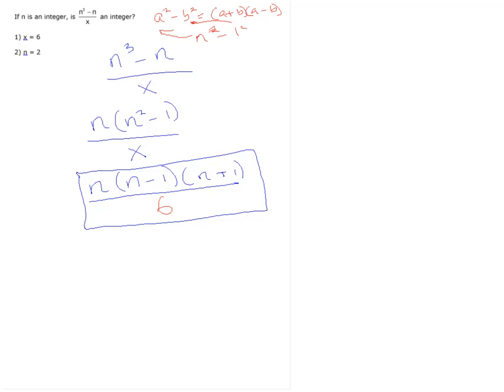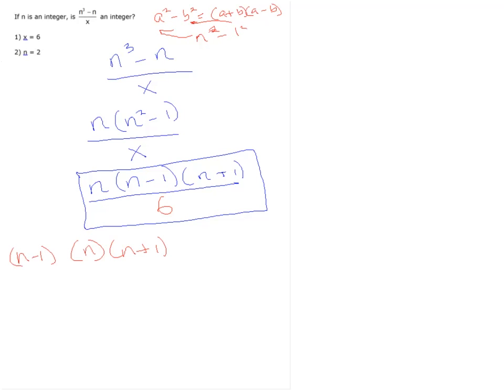Well, if you look at the numerator, and if we rewrite it a little bit, what we see is we have n multiplied by n minus 1 multiplied by n plus 1. And you guys might have to scroll down a bit because I'm a little bit lower on the screen. But what we can see here, guys, is that we have the product of 3 consecutive integers. Right?